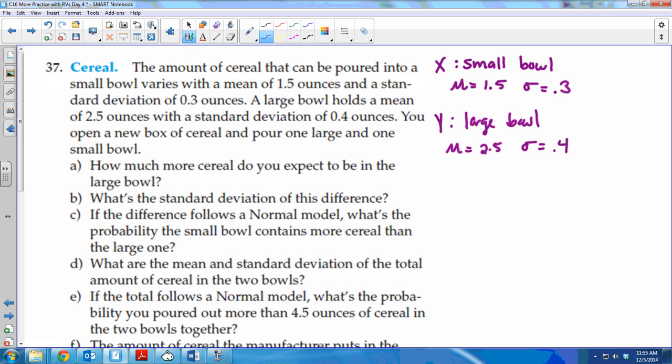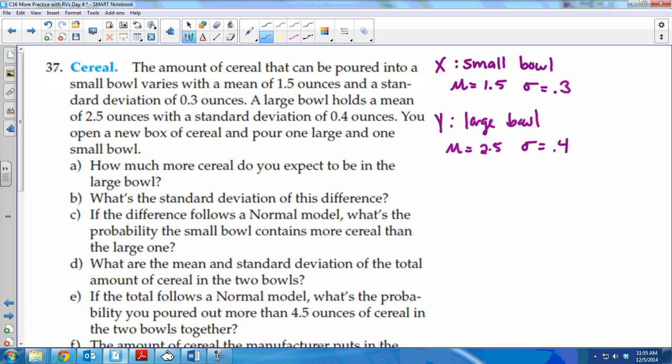Okay, so in part A, how much more cereal do you expect to be in the large bowl? This is not a trick question, just like on the practice quiz. Expected value is talking about what? The mean. So how are we going to figure out how much more would be in the large bowl than in the small bowl?